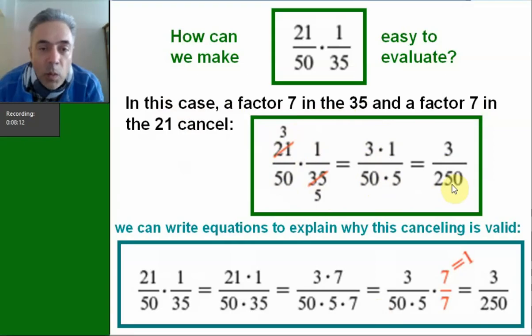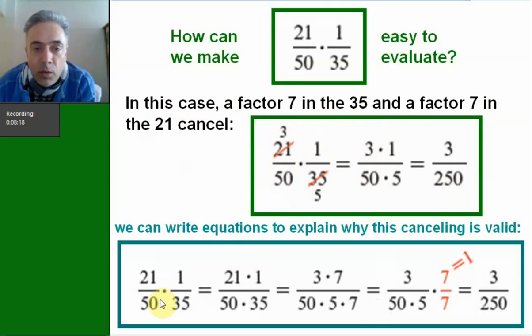But why can we do this? Let's understand why we can do this. So this is the equation in more detail, so I can explain why this is valid. 21 divided by 50 times 1 divided by 35.